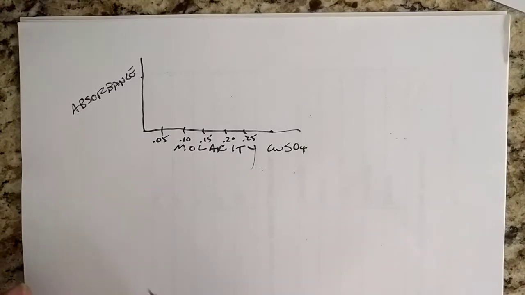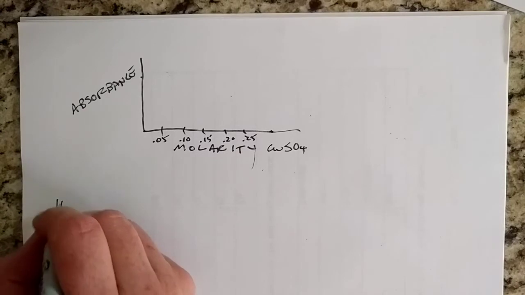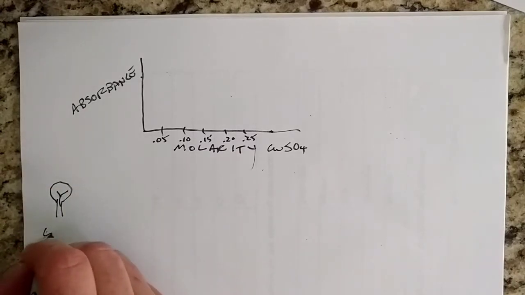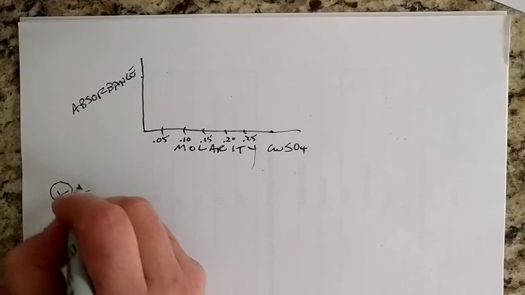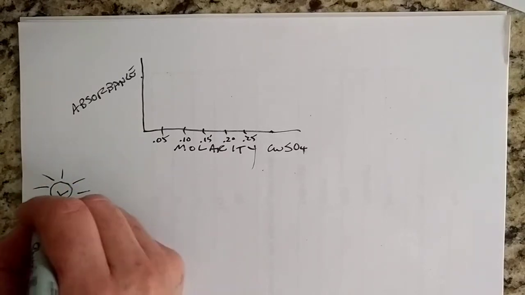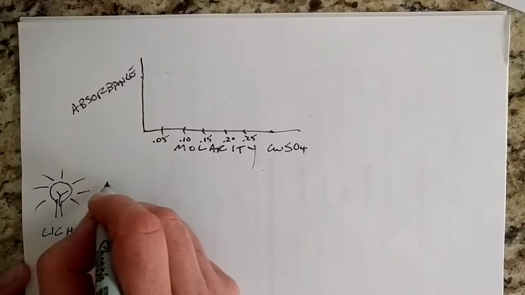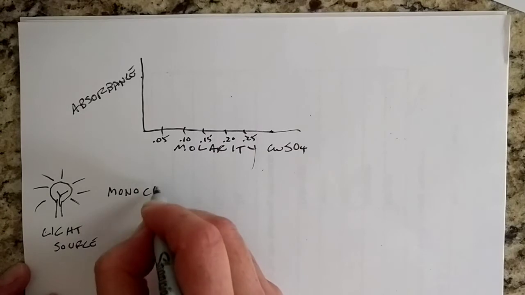And here's how that works. So in our spectrometer, we start out with a light source, maybe some kind of light bulb. And when we turn it on, we get light of all different wavelengths. So that light then goes through what is called a monochromator.